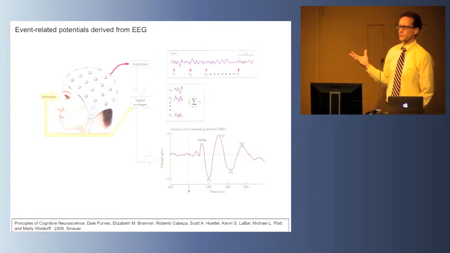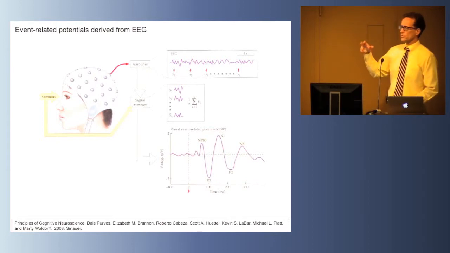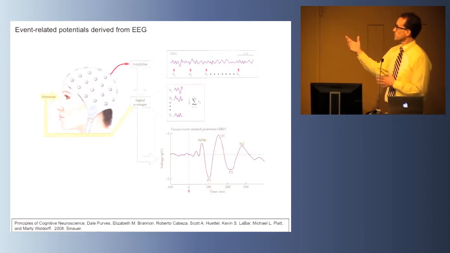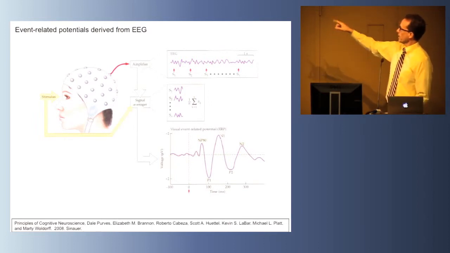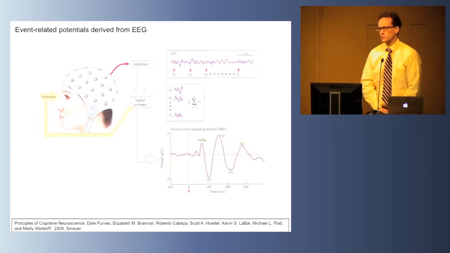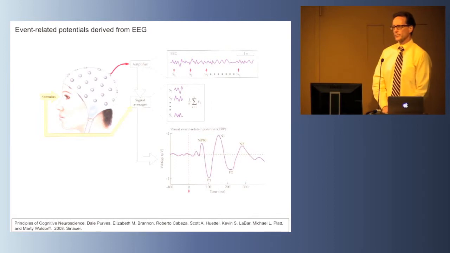We're able to do this because we have sophisticated computers. The computer knows both the EEG signal and the time when each stimulus is presented. In the upper right panel, we see S1, S2, S3, and so on. Those are the times of occurrence of the stimulus.